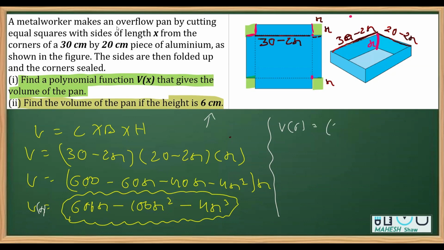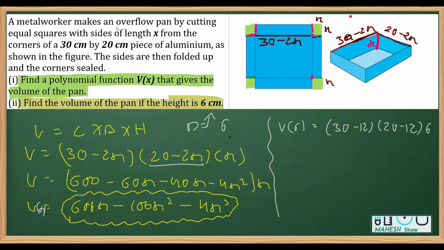So this is 30 minus 2 times 6, which is 30 minus 12, and 20 minus 12, into x, which is 6.